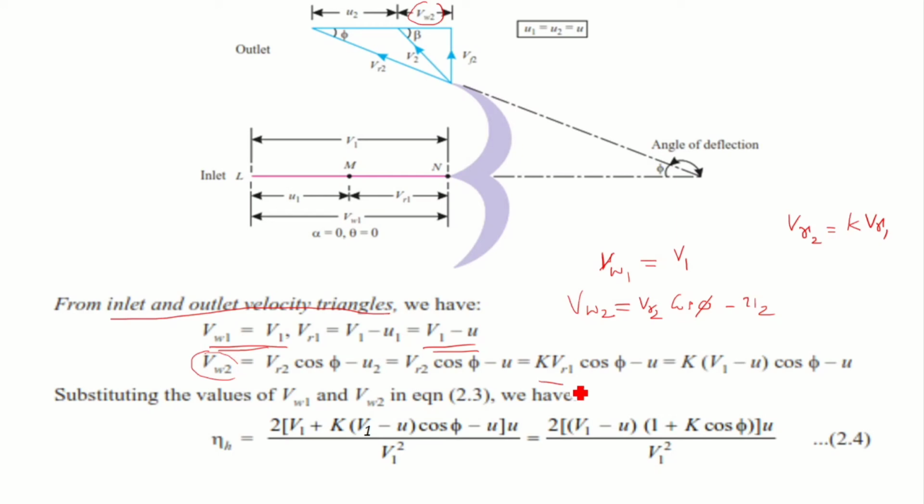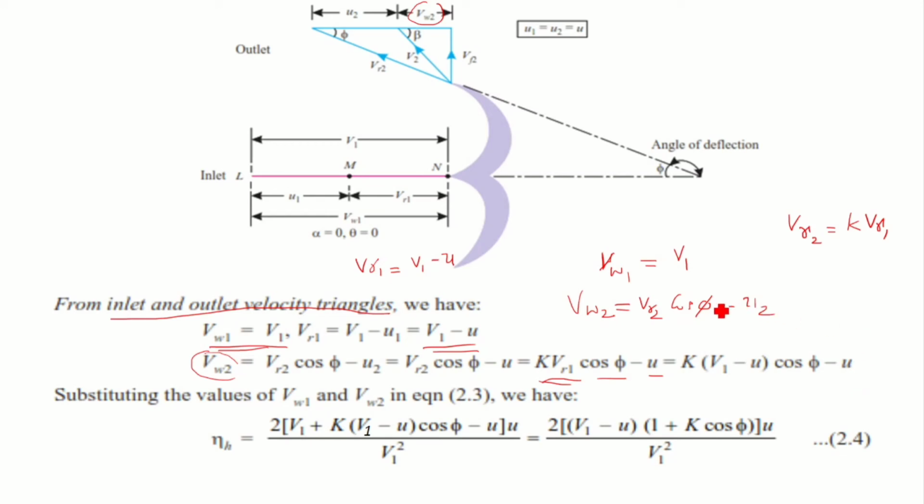So K into Vr1 cos phi minus u. Also we know that Vr1 is equal to V1 minus u. So instead of Vr1, replacing Vr1 with V1 minus u, we get K into V1 minus u cos phi minus u.